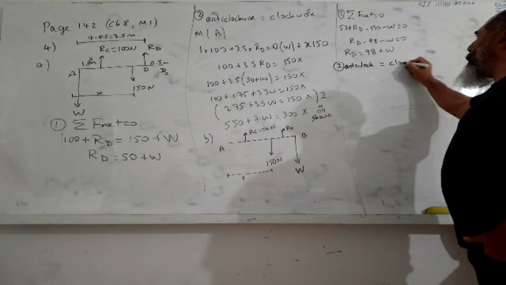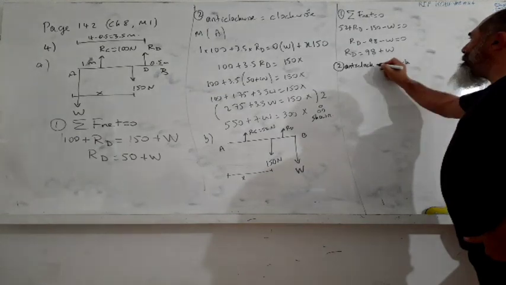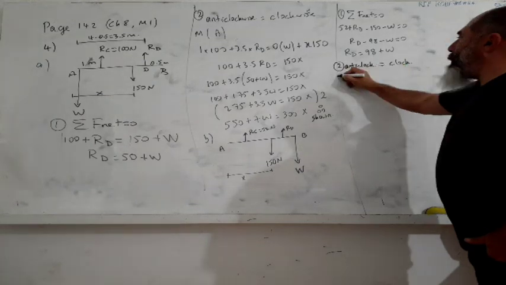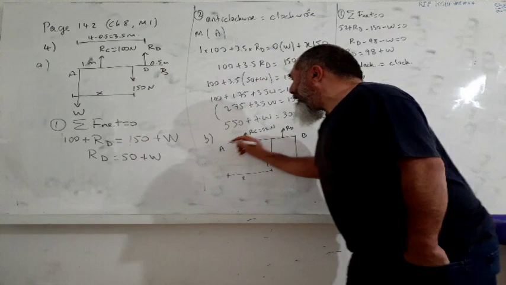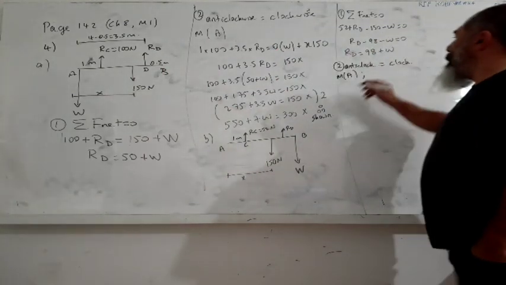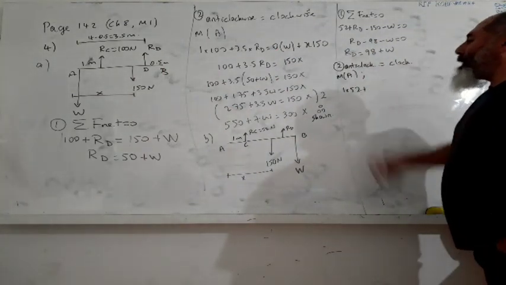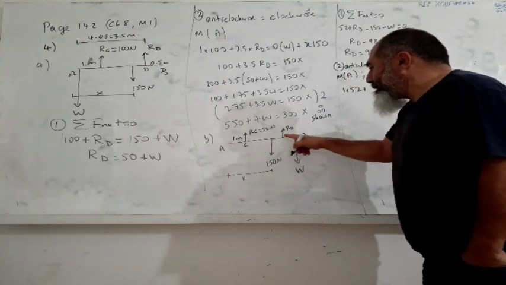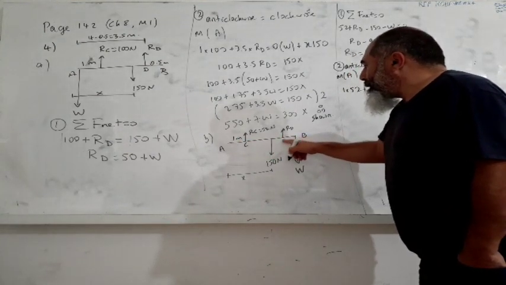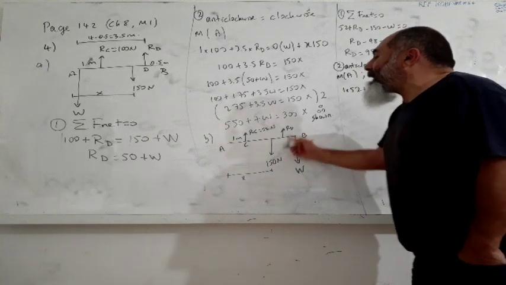Distance from A to C is 1 meter. 1 times 52. What is the distance from A to D, for RD, which causes an anti-clockwise moment? And the distance from A to D is 3.5 meters, as you can see in this diagram.